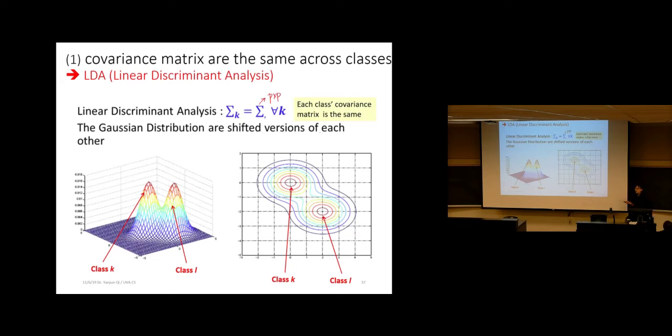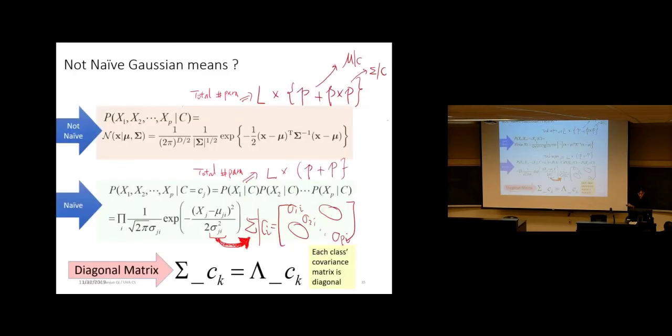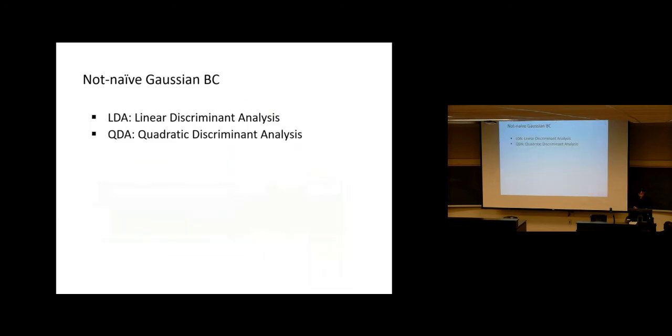Okay, so now let's go to the non-naive case, but with some assumptions, because with P quadratic there are too many parameters to estimate. The P quadratic is still pretty large. In the pre-deep learning era, the size of the training data in a lot of cases was even smaller than 10,000.